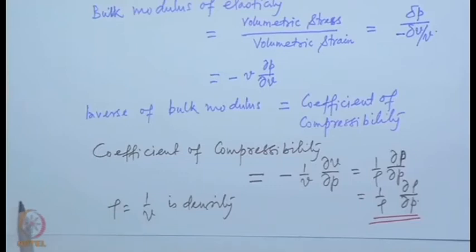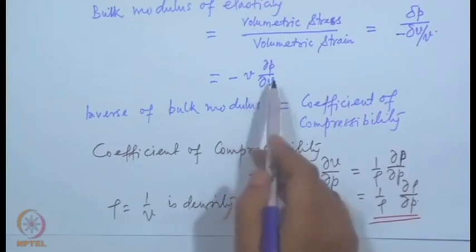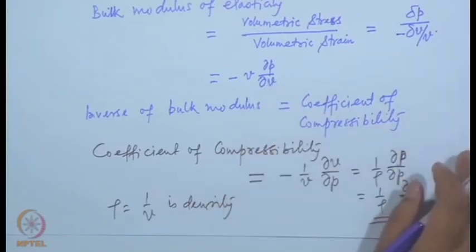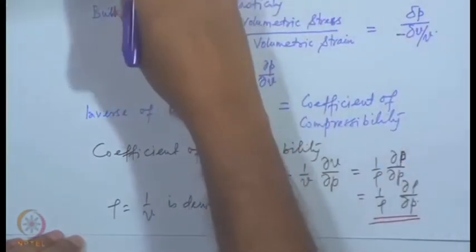Now, since these definitions also involve dp dv, hence they are also path dependent. So, bulk modulus or coefficient of compressibility are also path dependent.